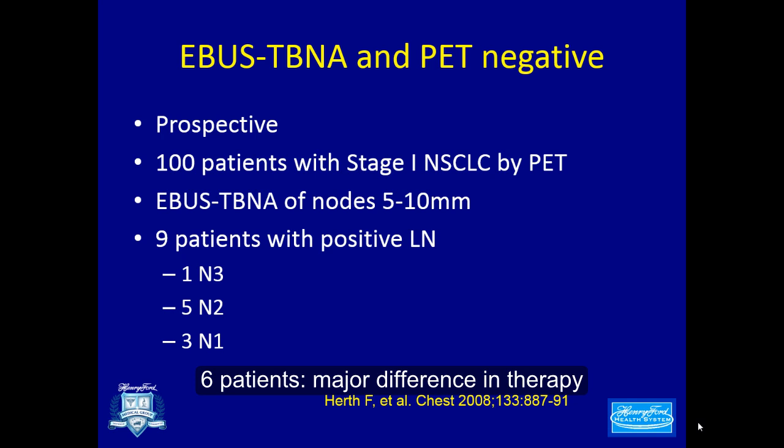Is that his typical practice, that if you see something in the mediastinum PET negative, even between 5 and 10 millimeters, he wants you to go after it? Not necessarily. I don't know, it varies, at least with Zane.